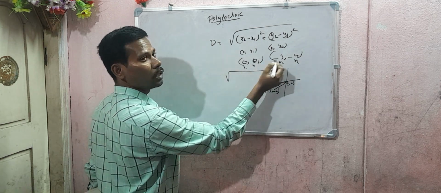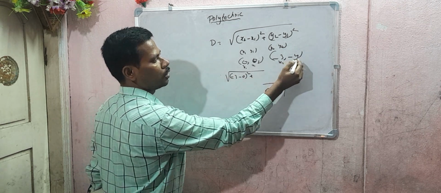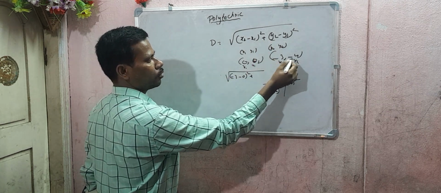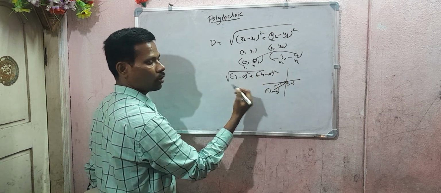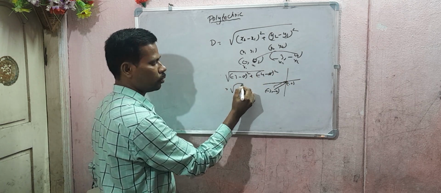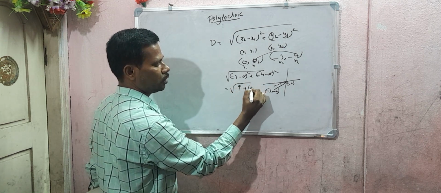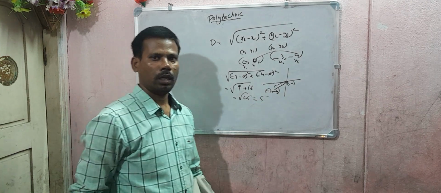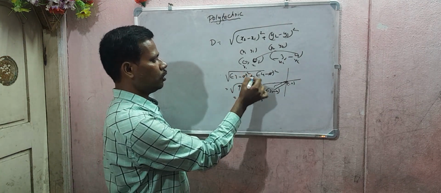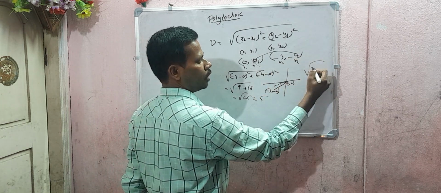Square root of x2 minus x1, minus 3 minus 0 whole square, plus y2 minus y1, minus 4 minus 0 whole square. 0 has no value, so forget about it. Minus 3 whole square, refer to my basics, 3 squared is 9. This is 16. The answer is 5. Actually, you can do it directly. 0 will not give any meaning, so directly square these two.